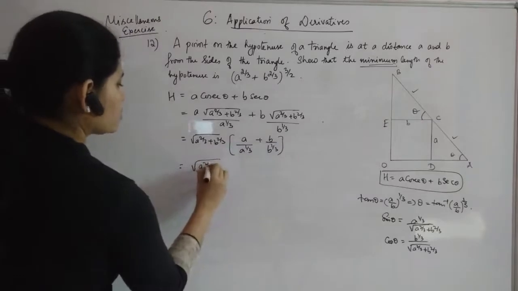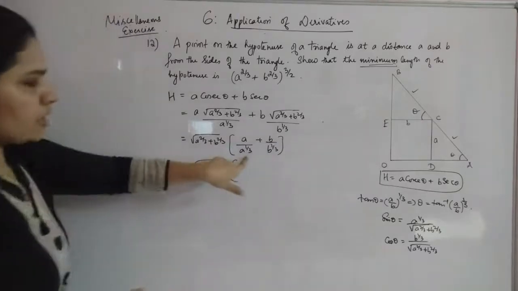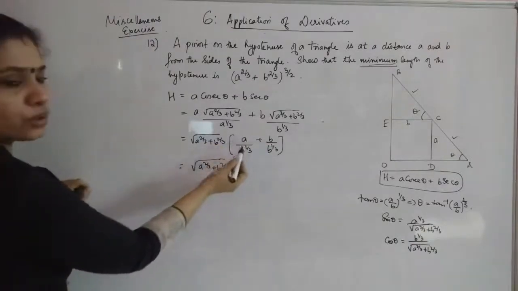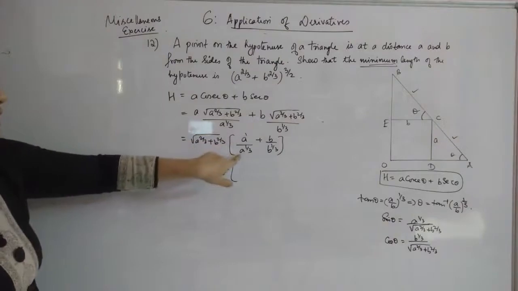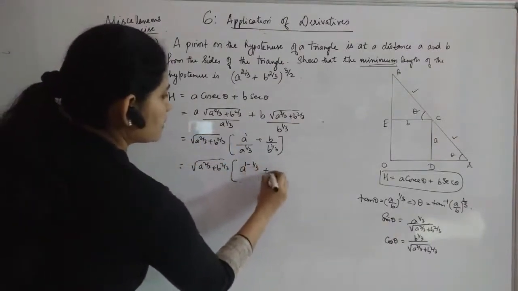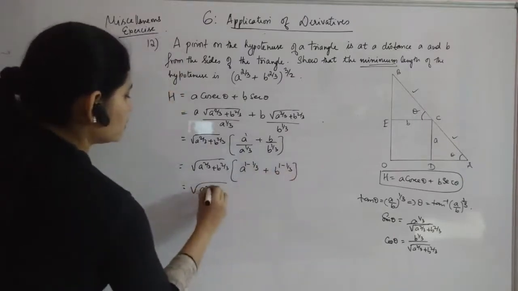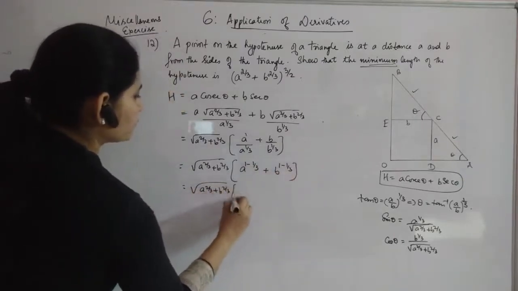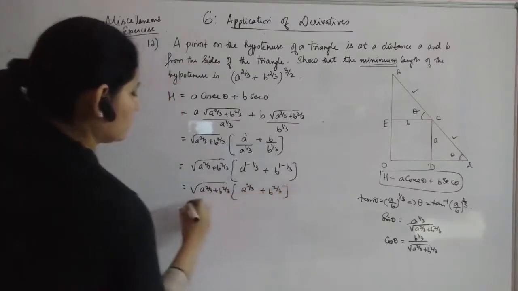Root of A raised to 2 by 3 plus B raised to 2 by 3 into, now what is this? The base is the same, A raised to 1 and A raised to 1 by 3. So it will become A raised to 1 minus 1 by 3 plus B raised to 1 minus 1 by 3, right? So it is giving you A raised to 2 by 3 plus B raised to 2 by 3.